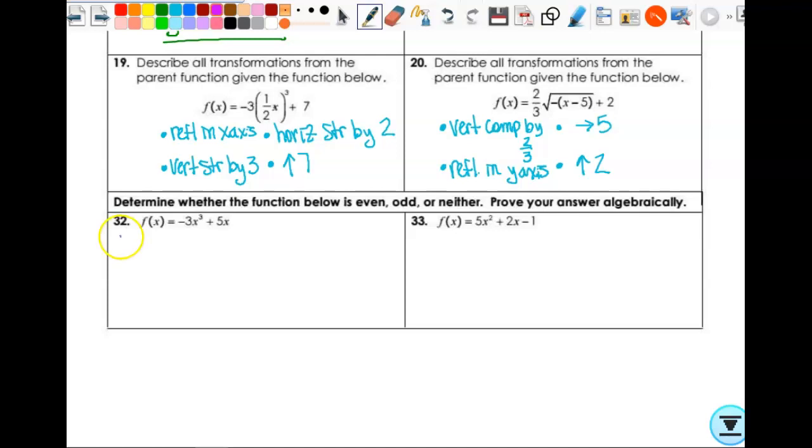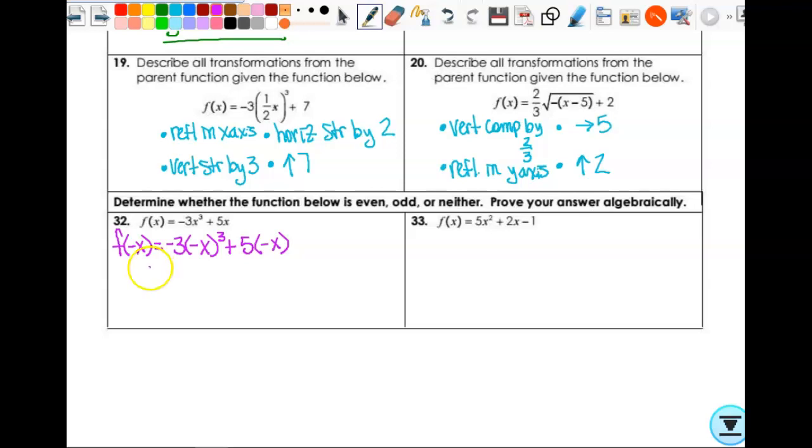So in order to do this algebraically, I do f of negative x, and I substitute in a negative x everywhere. That's equal to negative 3 times negative x cubed plus 5 times negative x.